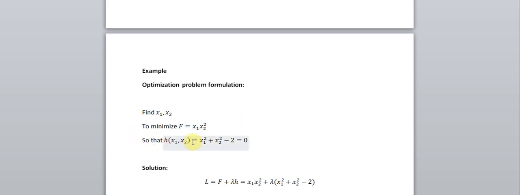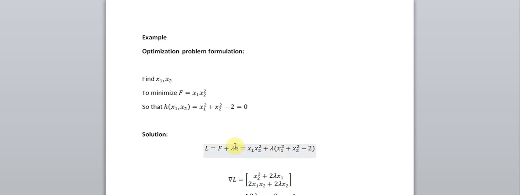And we have a constraint denoted by h of x1 and x2, and this constraint dictates that the points x1 and x2 are on a circle that is centered about the origin, and the square of the radius is equal to 2.